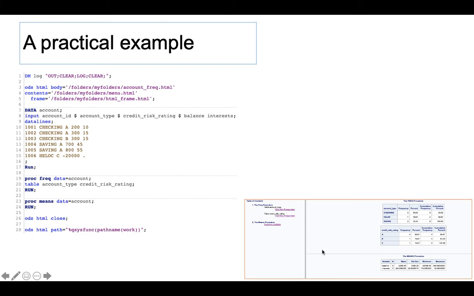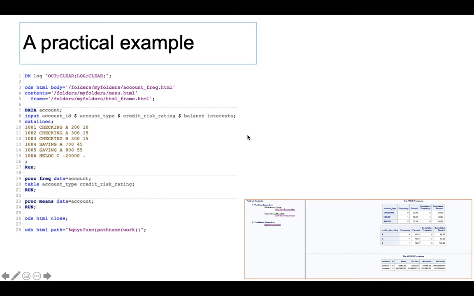You create the contents, and you can click on them to see the different parts of the report. In this example you only have one part, but you can have this kind of feature in your HTML page. Or you can just make things simple. You don't need to put the contents or the frame. All you need to do is put the body. You can also put the file, the same thing, and then produce a single HTML page.